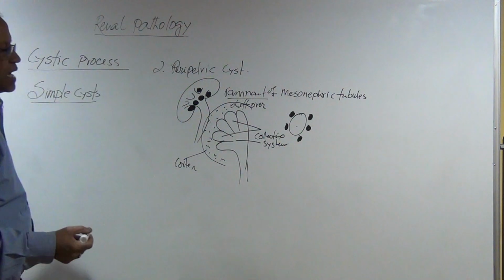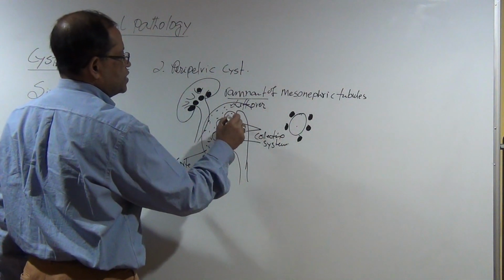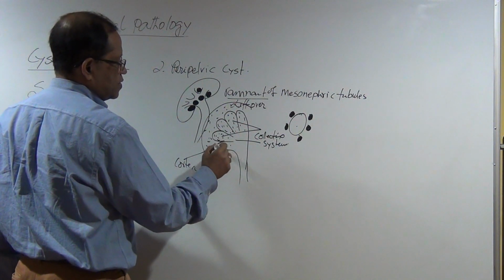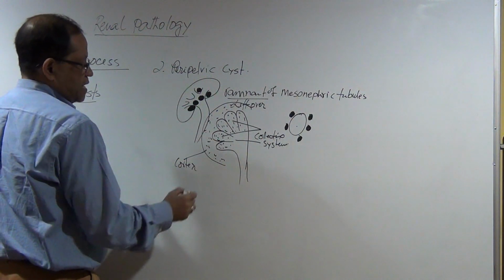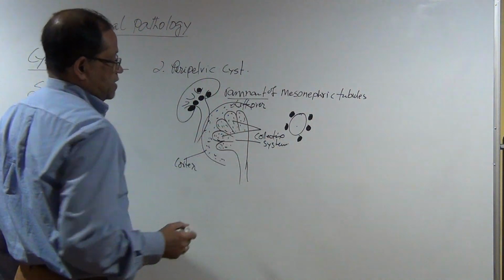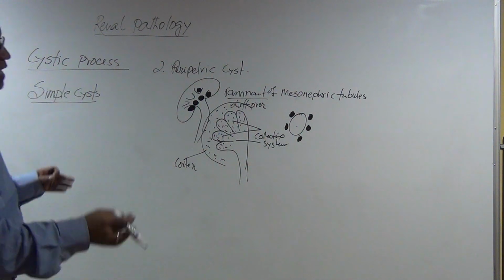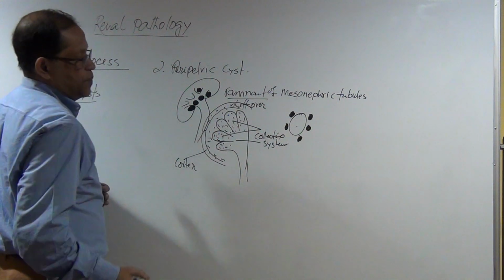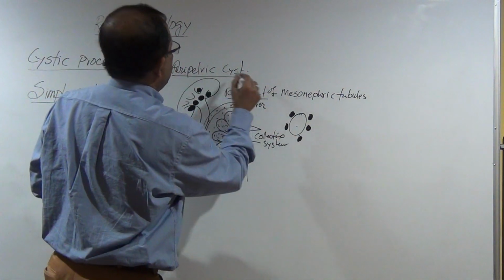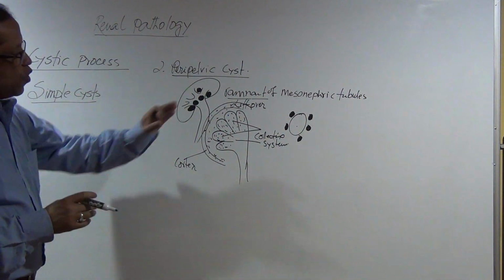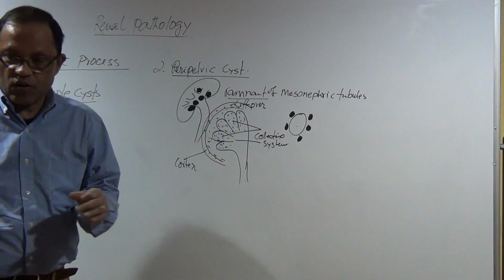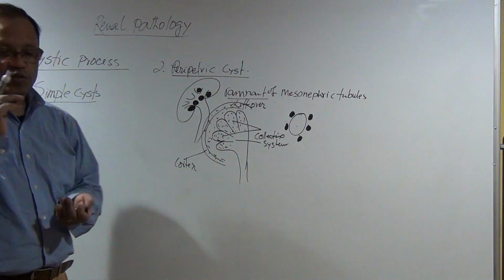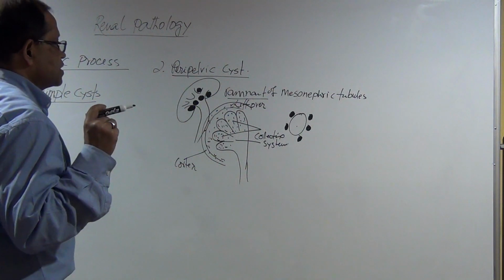These are dilatations of the collecting system with fluid. So this is fluid. And the cortex is intact. But if this dilatation is getting bigger, then the cortex will be thinner. But in this peripelvic cyst, the cortex is intact. There is no cyst in the cortex. So it is all around the pelvis. So these are peripelvic cysts.